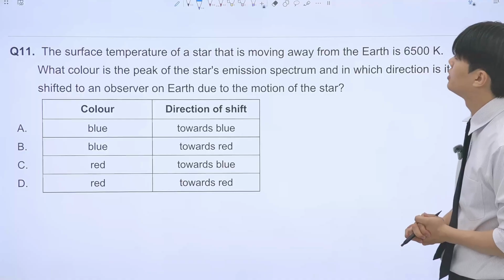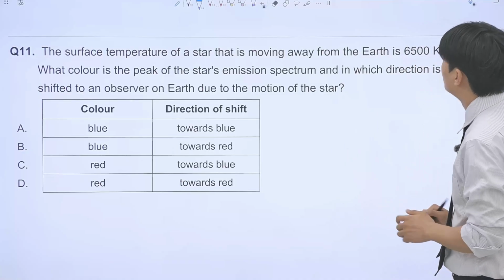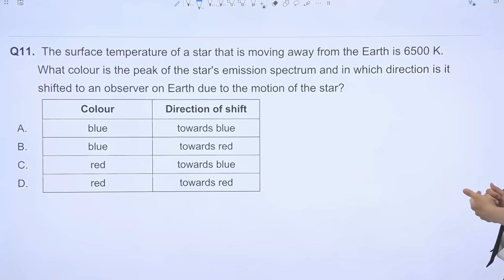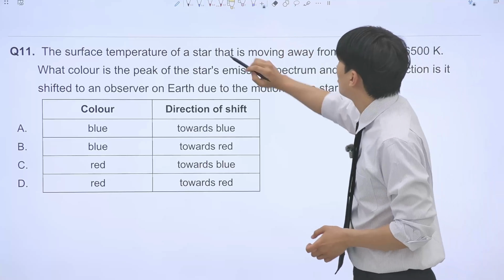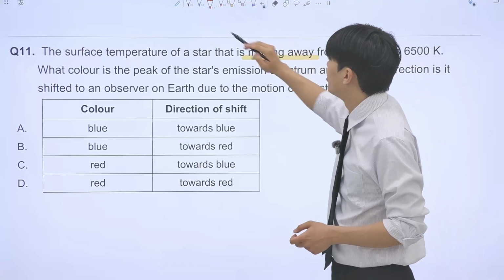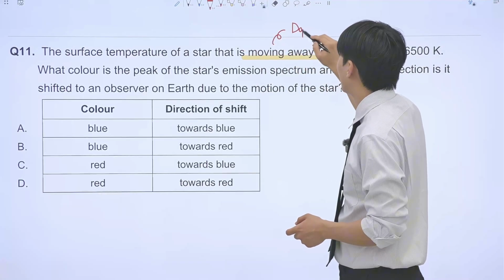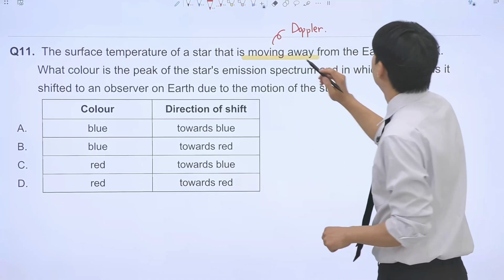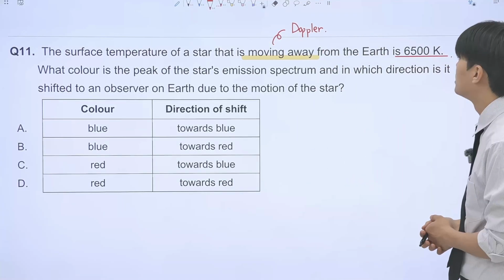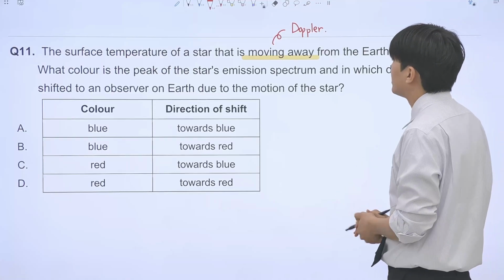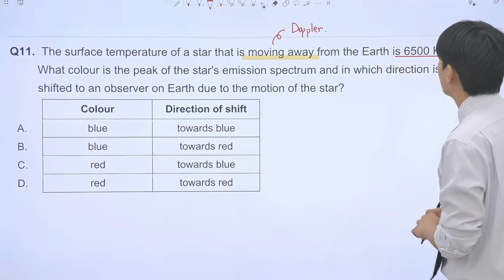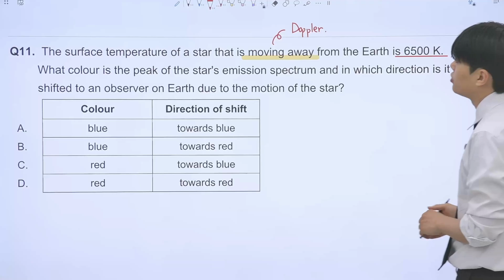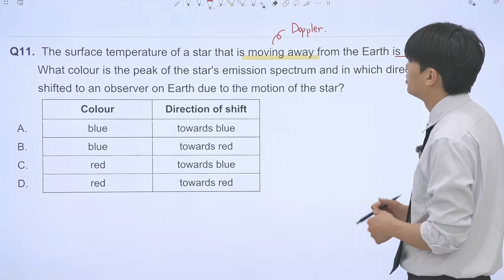Okay, the last part is the surface temperature of a star that is moving away from the Earth is 6,500. This moving away actually reminds me, it should be the Doppler effect, right? But other numbers are given. They said what is the color of the peak of the star's emission spectrum and which direction it is shifting to an observer on Earth.